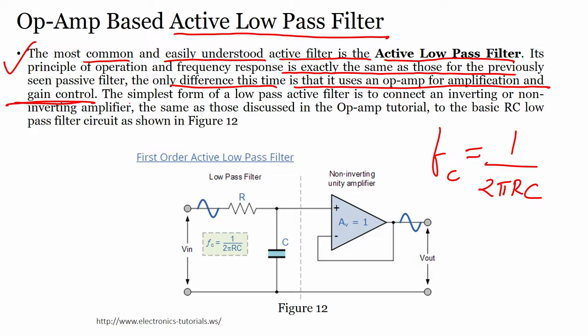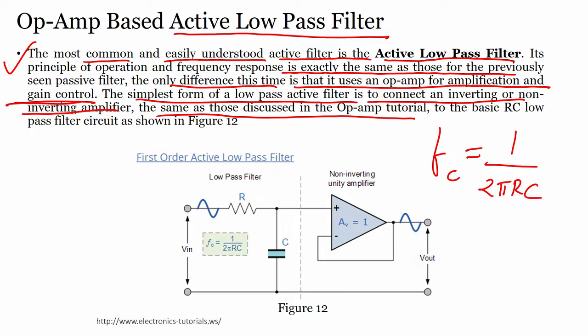The simplest form of active low pass filter is to connect an inverting or non inverting amplifier, the same as those discussed in the op amp tutorial. We have already seen inverting and non inverting amplifiers with some examples.